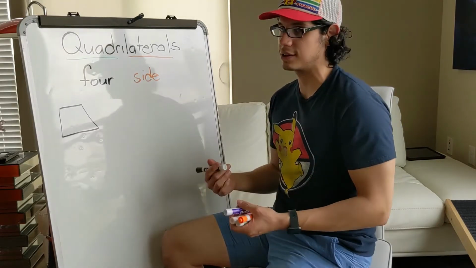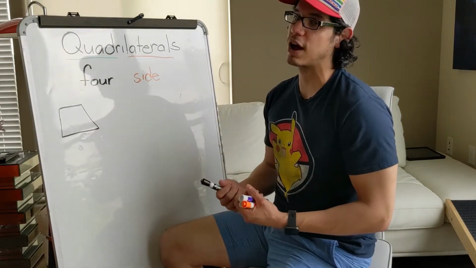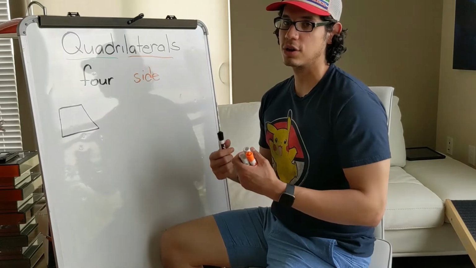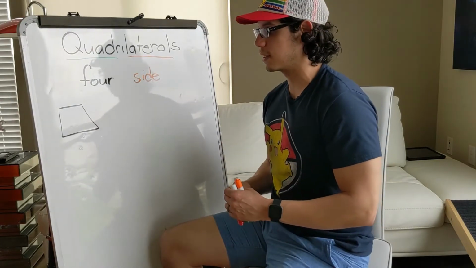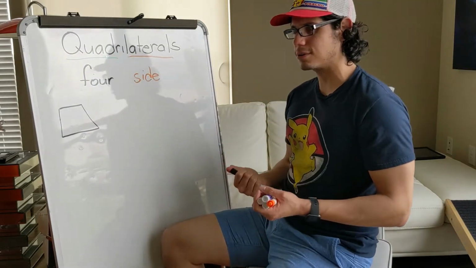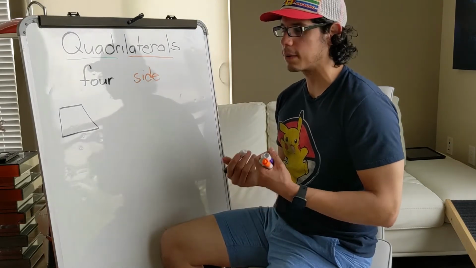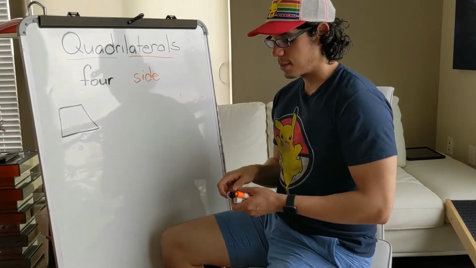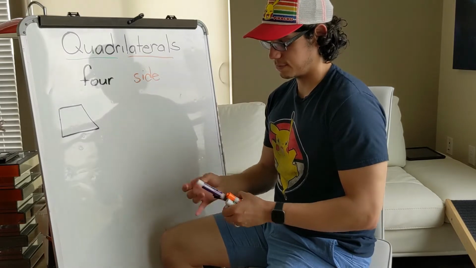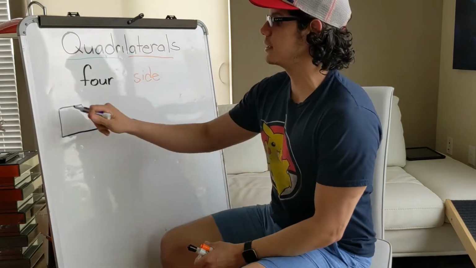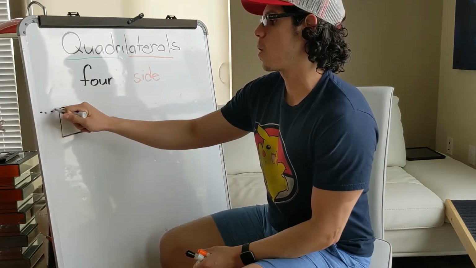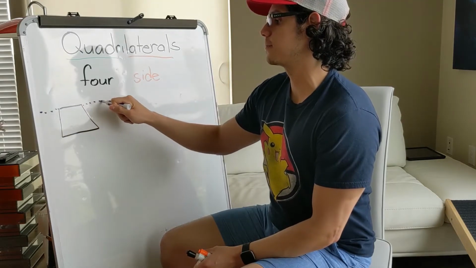The only thing that a trapezoid needs is to have 2 sides that are parallel. What does that mean though? We've never really heard that word parallel. Parallel means that it's got these 2 lines right here, for example.